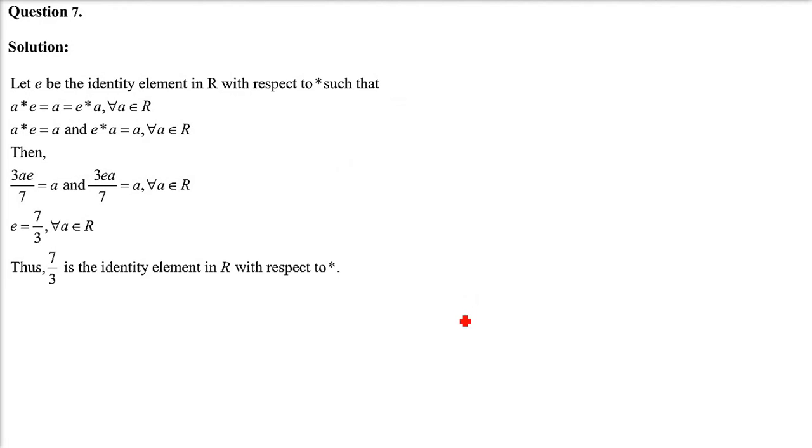Question number 7. Write the identity element for the binary operation star defined on the set R of all real numbers by the rule A star B is equal to 3AB by 7 for all A and B belonging to R. So we have to find out the identity element.